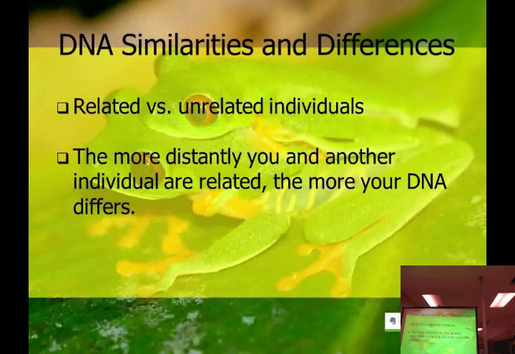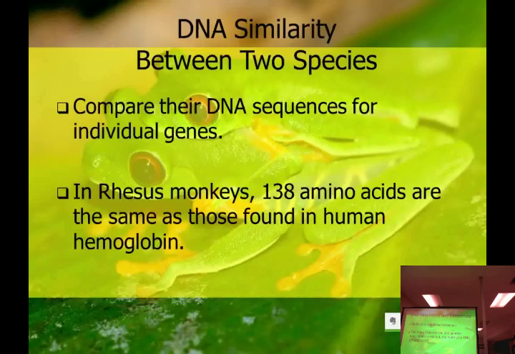We can study the way that the DNA is similar. So for DNA similarity between two species, we take and we compare their DNA sequences for individual genes. What is the genotype that gives us the phenotype? So, for example, in a rhesus monkey, we have 138 amino acids that are the same as those found in human hemoglobin.